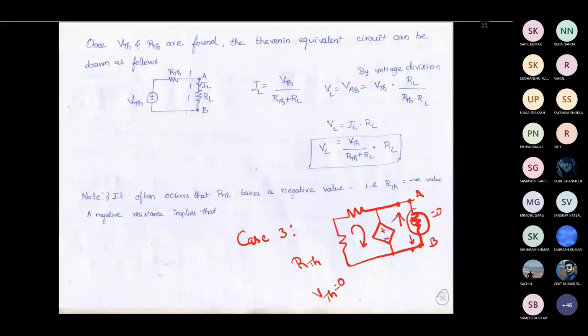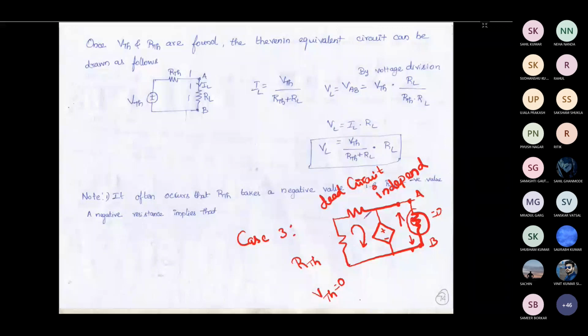So this circuit is called a dead circuit because there is no independent source available in the circuit, whether a voltage source or current source.